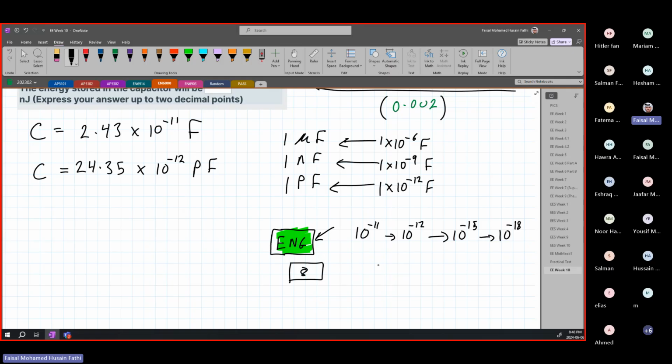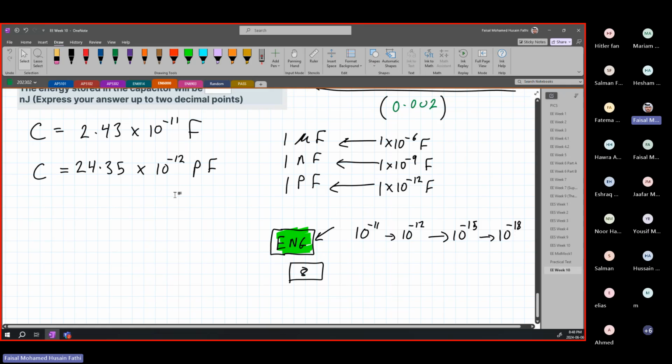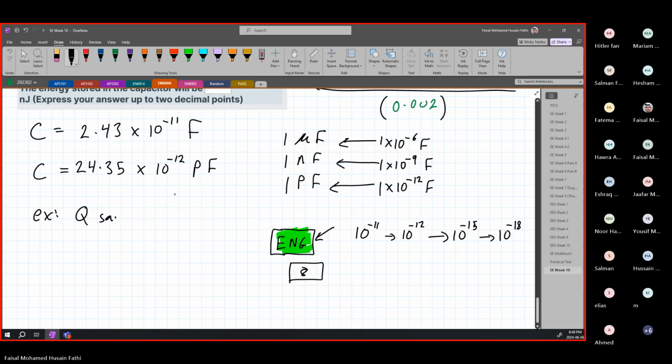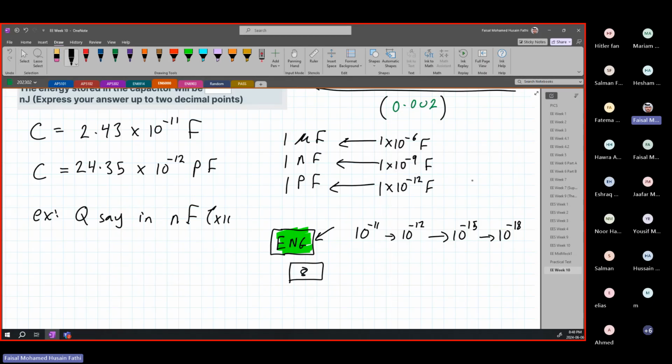But what if you wanted to go the other way? For example, let's say the question says in nanofarads, not in pico. Pico is 10 negative 12. Nice. But we want it in nano. We want it in 10 minus 9.